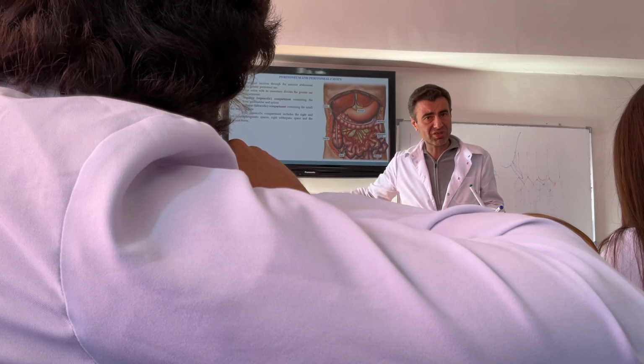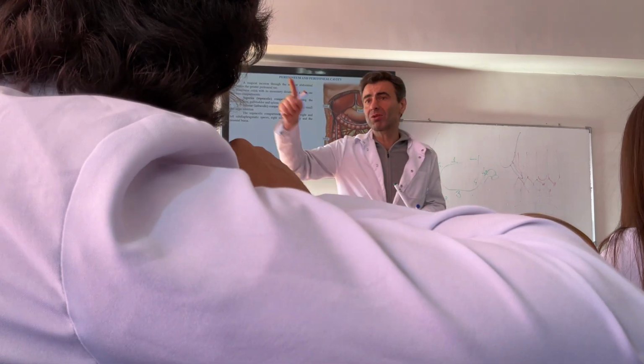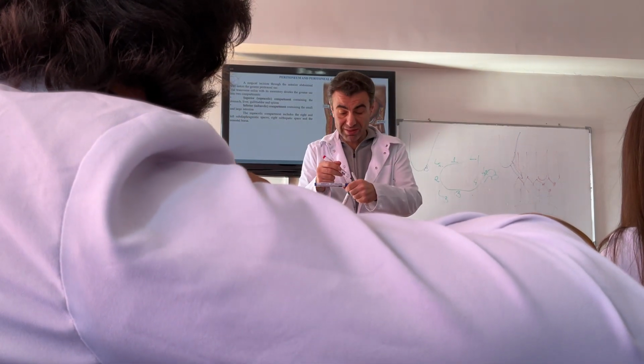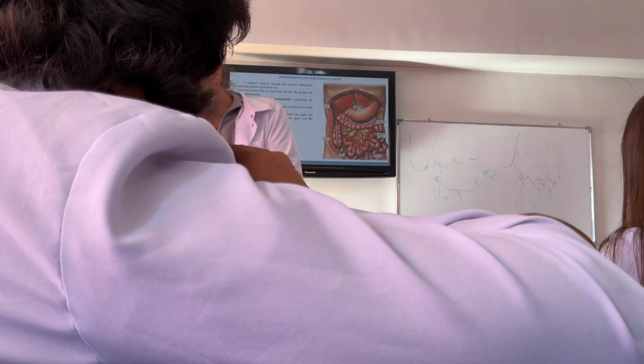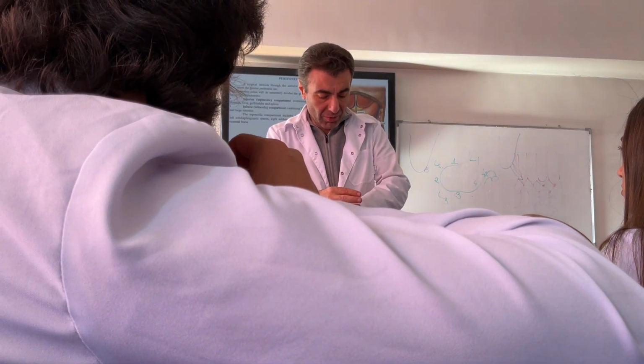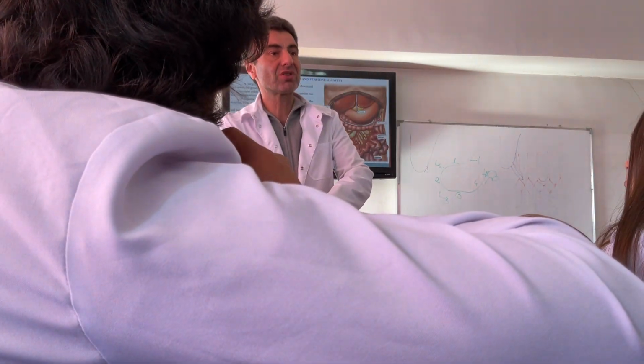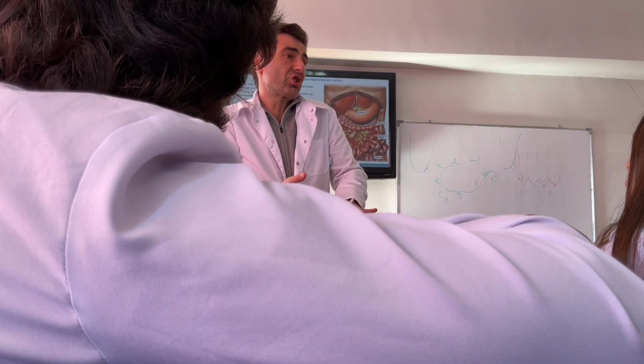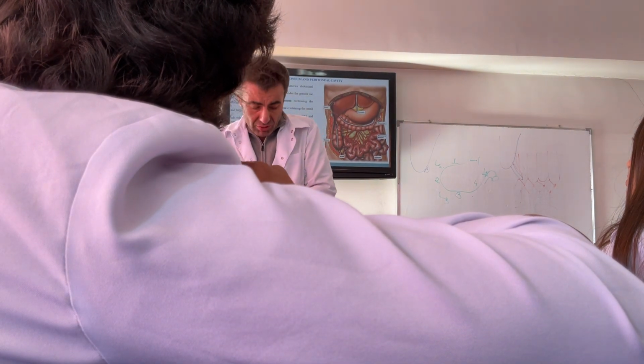It can be behind the sacrum, it can be in the retroperitoneal space. I even saw once in my life a so-called intramural appendix, located under the serous membrane of the cecum. Of course, a genetic malformation.